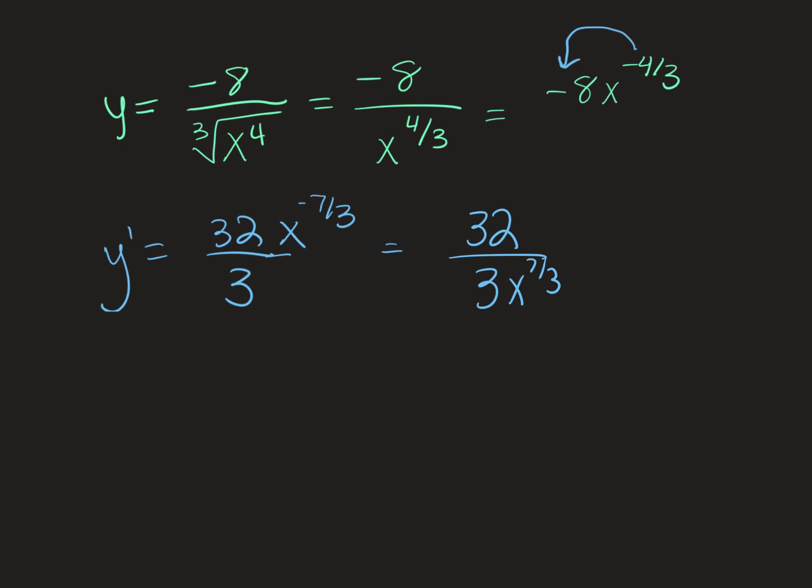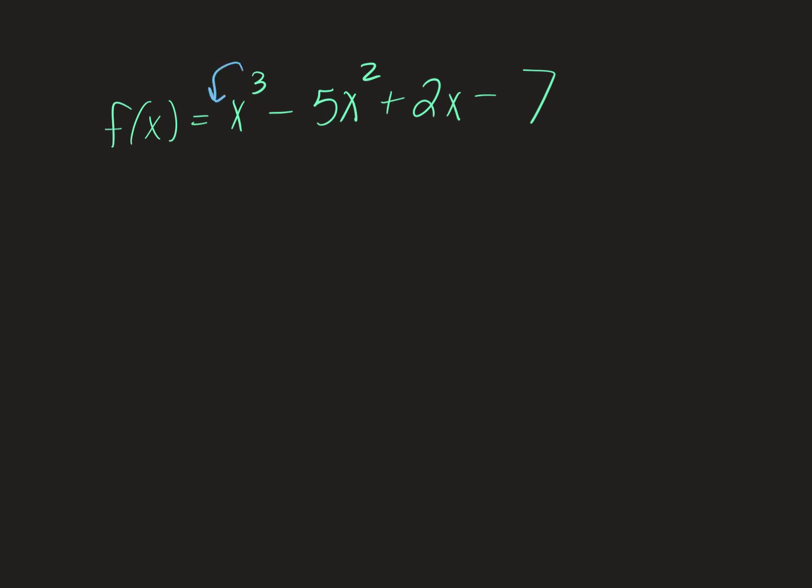All right, and then the other thing on your worksheet is just your sum and difference rules. So if you have a polynomial, okay, so let's say f of x is x cubed minus 5x squared plus 2x minus 7. So we're just doing the power rule on each individual term.